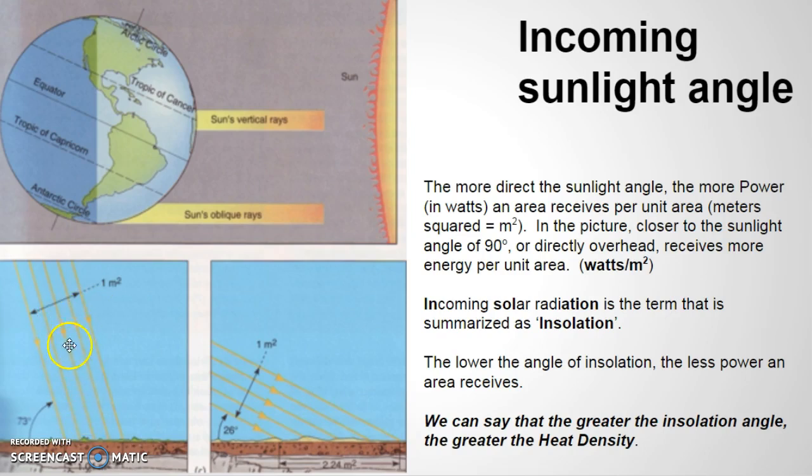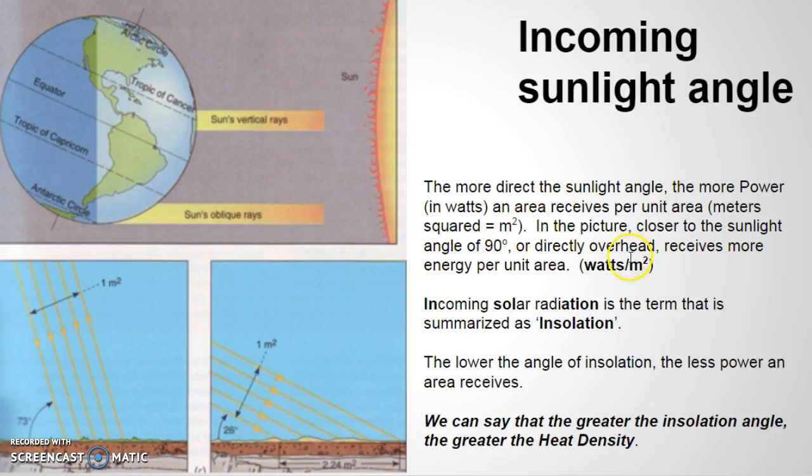This is happening somewhere close to directly overhead, and this would be more of a polar region where it's a lower angle. So it's comparing a 73 degree angle to a 26 degree angle. And you can see that it's much more spread out when we talk about that area being spread out over a polar region.